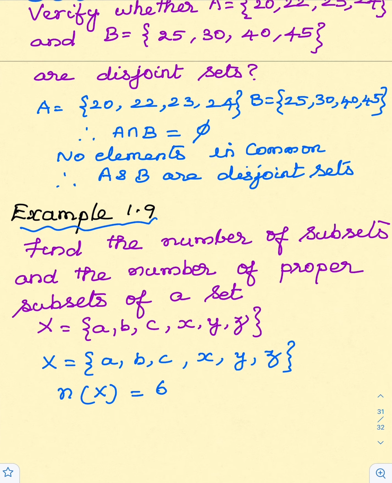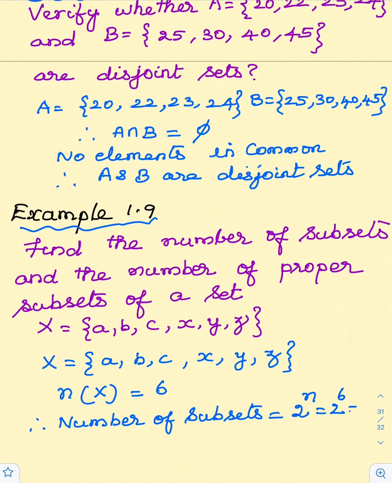So, what do we want? The number of subsets. Therefore, the number of subsets is given by the formula 2 to the power of n. That is 2 to the power of, what is n of X? 6. So, that is equal to 2 power 6, which is equal to 64.